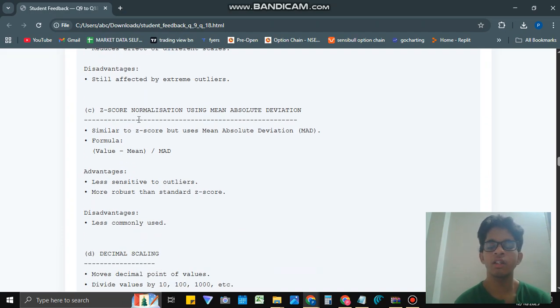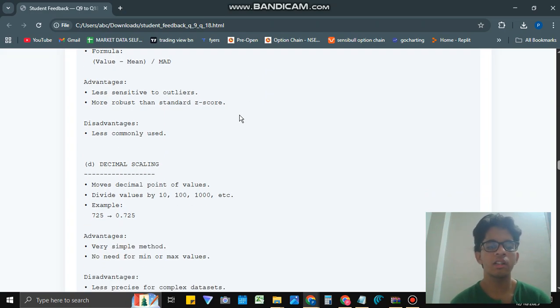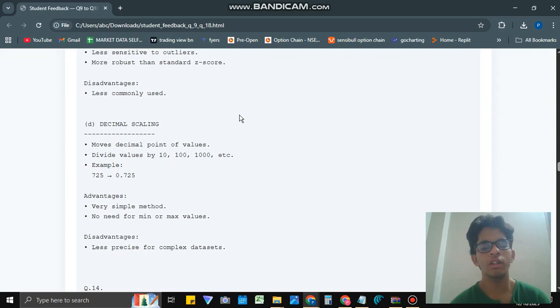Then comes Z-score normalization using mean absolute deviation. In this, instead of dividing by standard deviation, we divide by MAD, that is mean absolute deviation. Its advantages: it's less sensitive to outliers, more robust than standard z-score, but it's less commonly used.